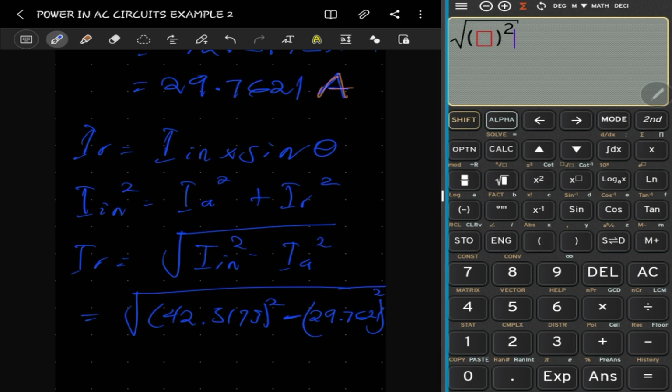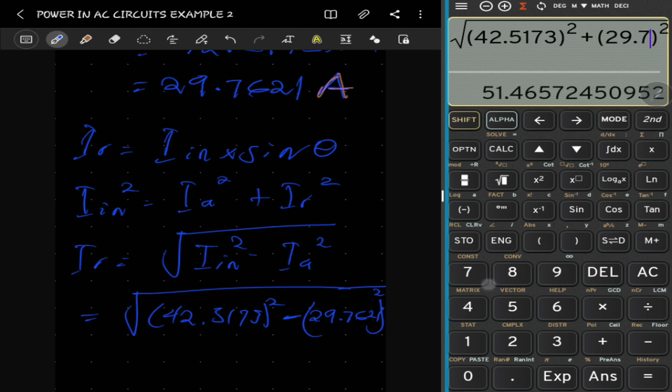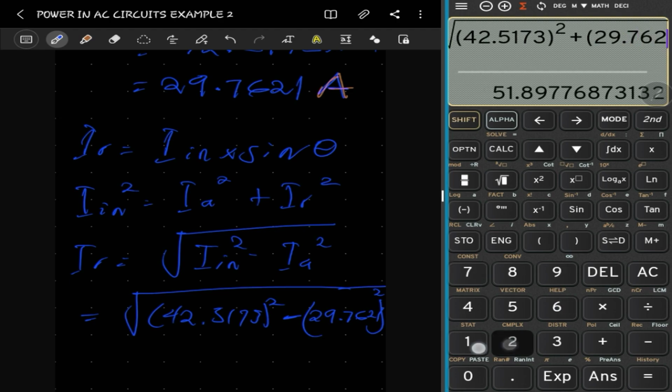When it comes to the punching, I always punch it in such a way that if I miss something, the calculator tells me straightforward instead of missing something and not knowing. I punch everything before I put in the values. You can even use variables, and the calculator asks you what values you want for those variables.